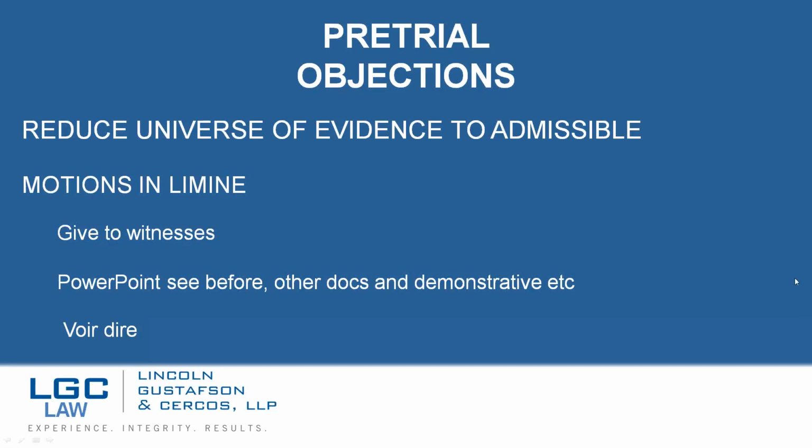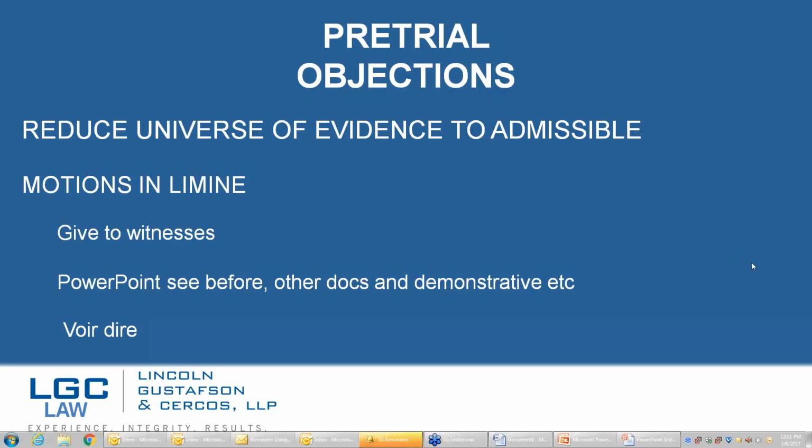The judge, who rules on the evidence, likewise has typically a very short time to rule on the objections. Motions in limine, however, are pre-trial, and you get to brief it, you get to argue it, and the judge then rules on it with a full briefing oftentimes.